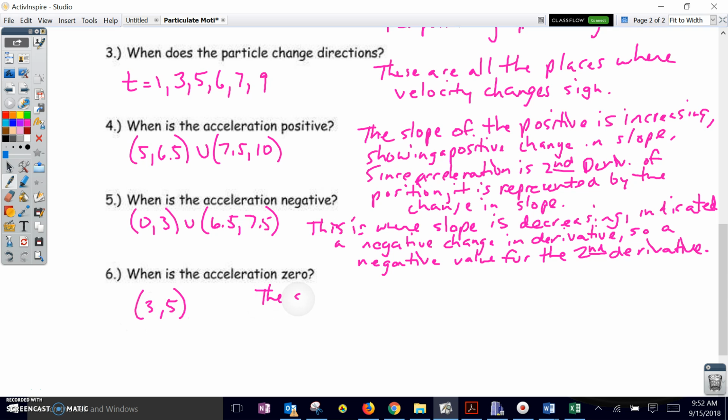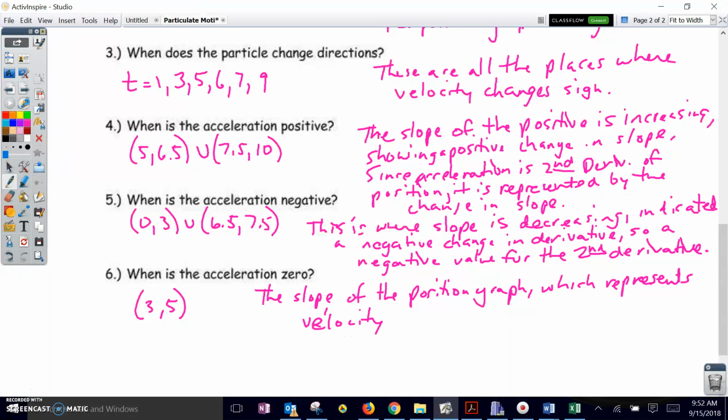The slope of the position graph, which represents velocity, doesn't change in this interval.